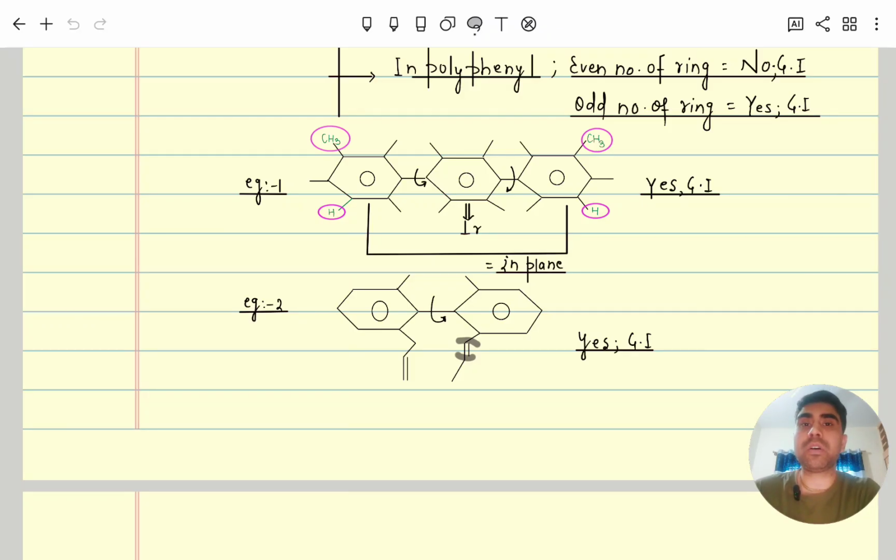Generally we are seeing that even number cannot show GI in that cumulene system or that spiro system, but in that also, even if it seems like an even number, we can check even-odd also.